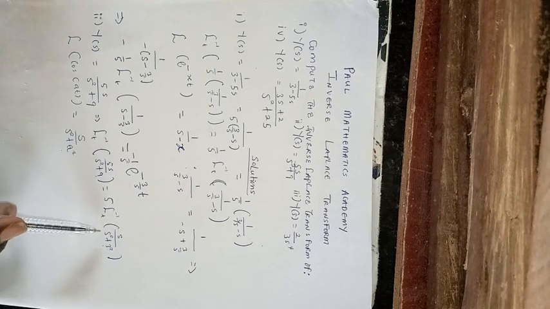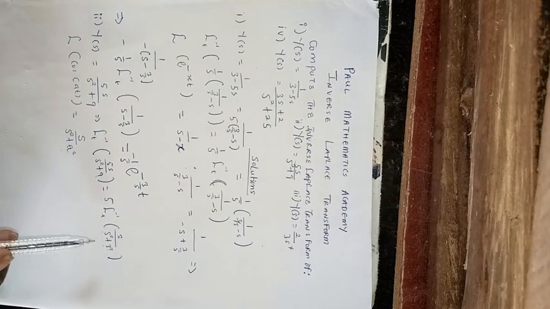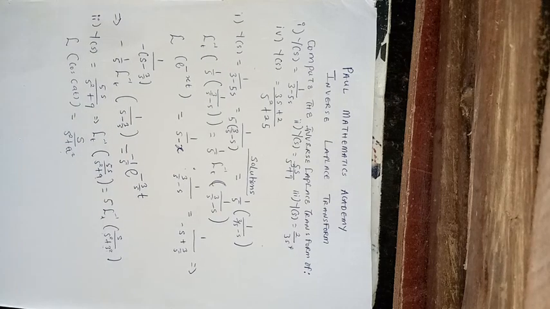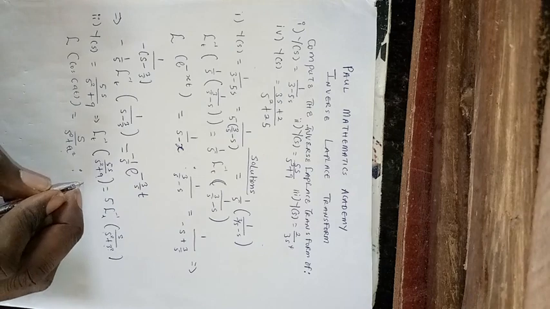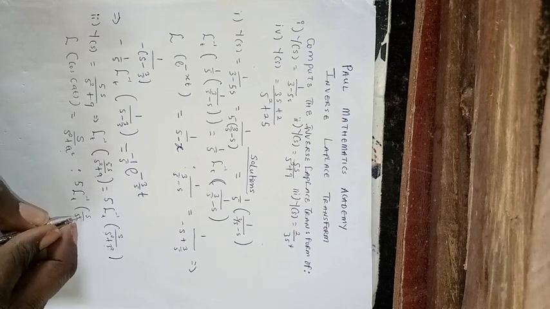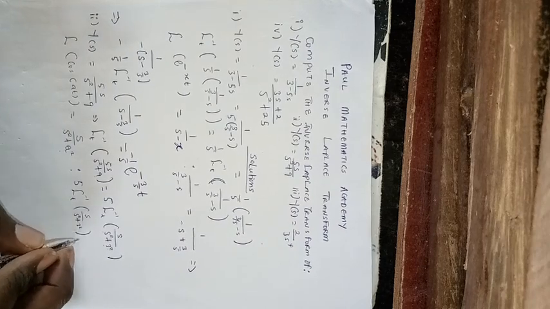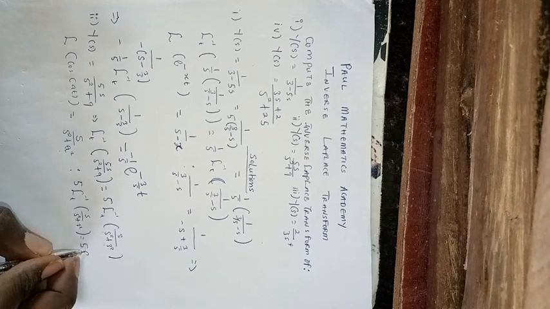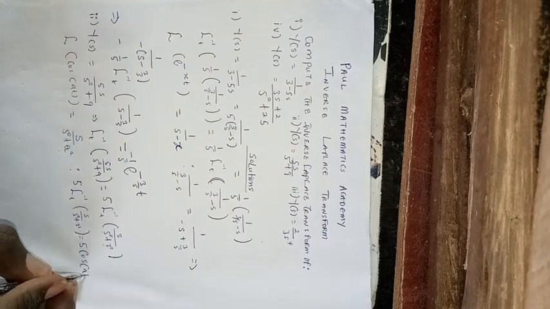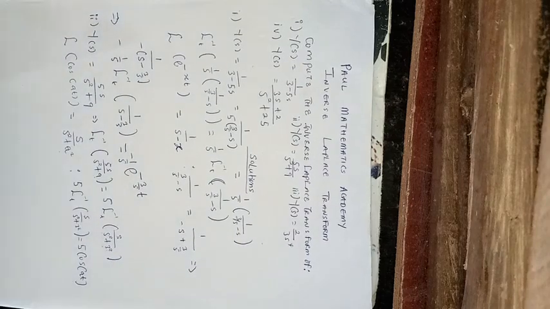You have s squared, you have s squared. You have a here, you have 3. So our a is now 3. Therefore, 5 inverse Laplace of s over s squared plus 3 squared is equal to 5 cos, now what is our a? That is 3. Cos 3t. So that is the answer to the second question. I'm sure you are getting it.